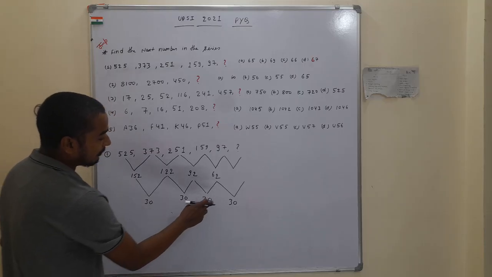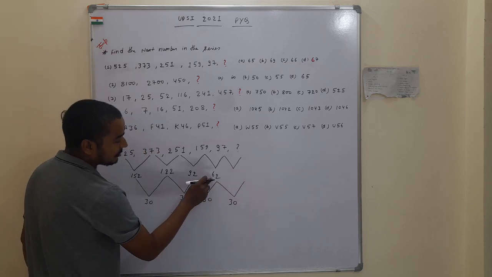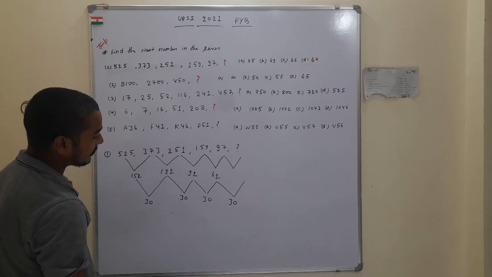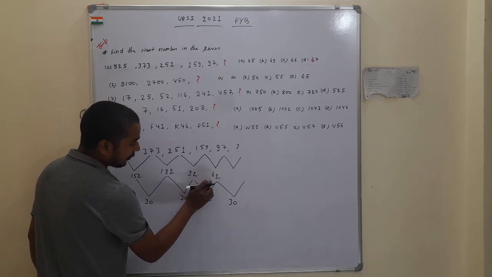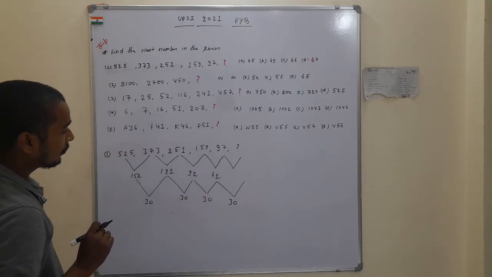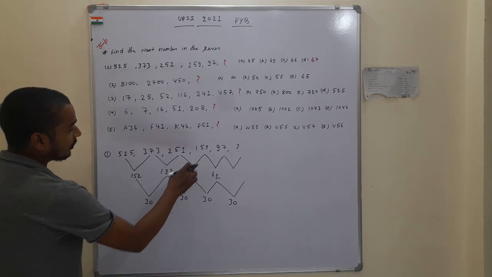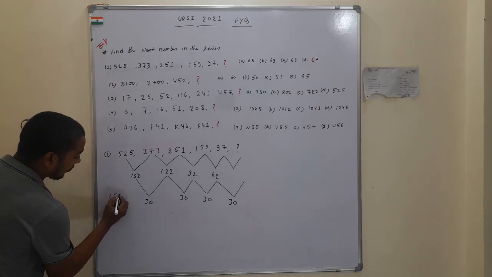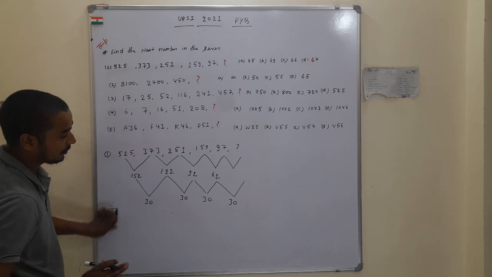When the second difference is 30, then to 62 we add 30 to get 32 once again. 159 minus 97 is 62.